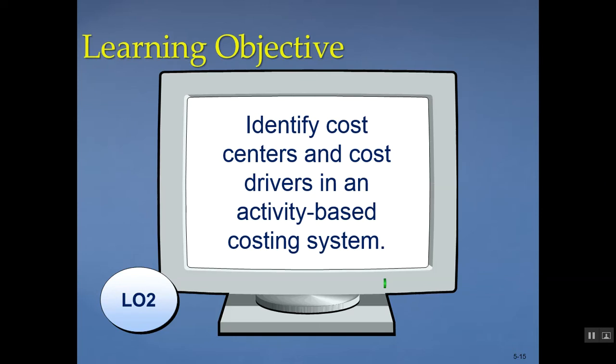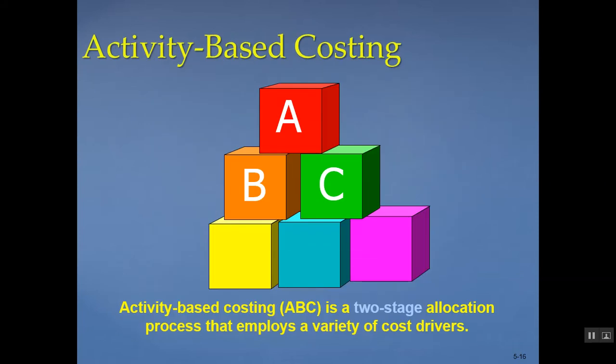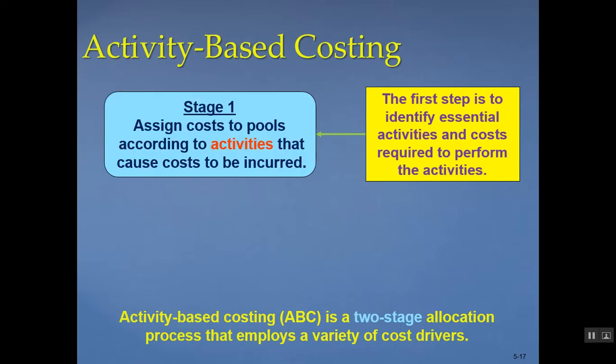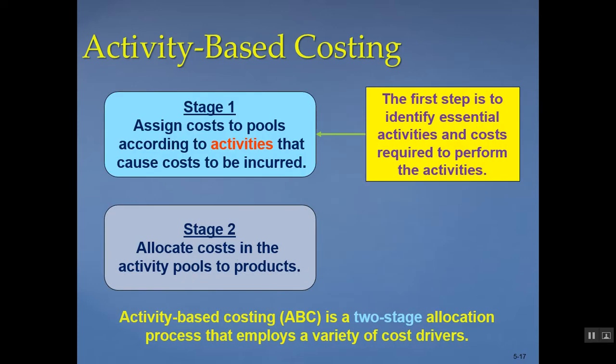So how do we actually identify the cost drivers in an ABC system? ABC stands for activity-based costing, and it's a two-stage allocation process, and multiple cost drivers are used. The first step is to identify the essential activities and costs required to perform the activities.